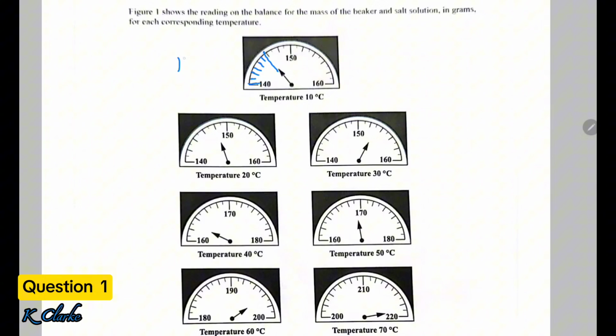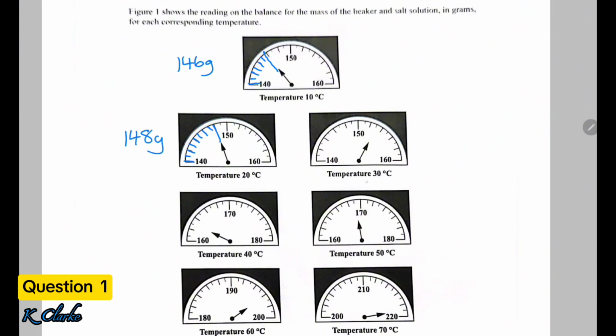So that's 146 grams at 10 degrees Celsius. At 20 degrees Celsius, this is 140, 141, 142, 143, 144, 145, 146, 147, and this will be 148. So that is 148 grams at 20 degrees Celsius.